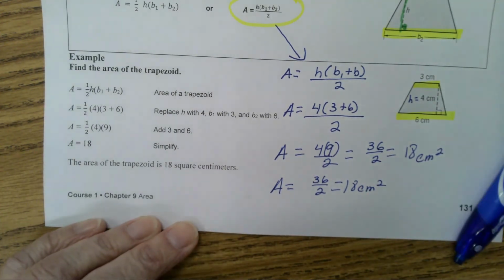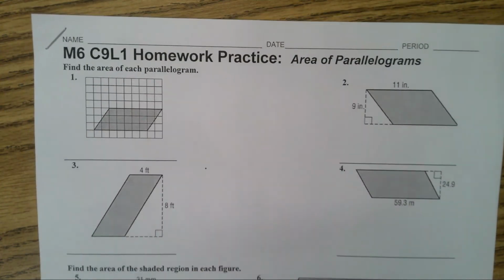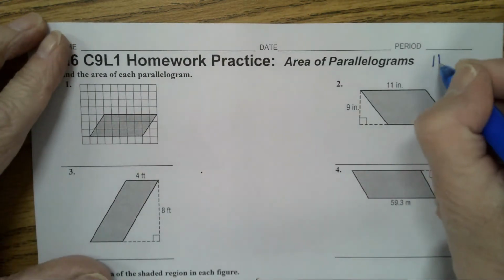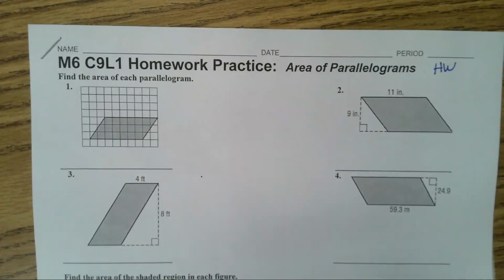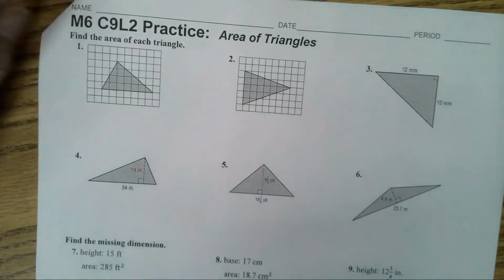Okay. At the time being right now, we'll do this later. This will be part of your homework. Right now, I want you to go to the next page, and we're going to practice finding the area of triangles.